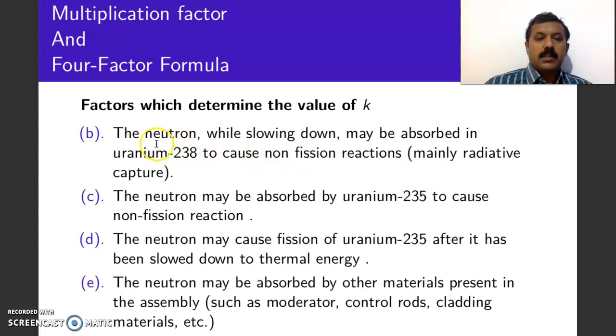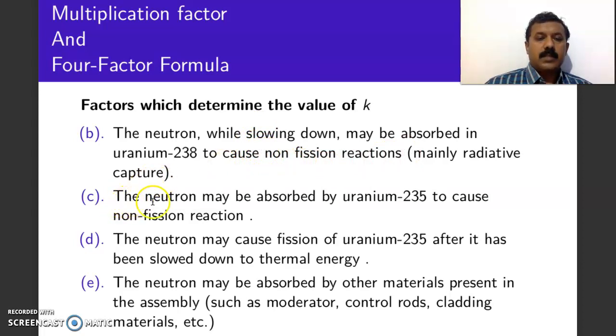That means this uranium-238 absorbs a neutron and is excited to an excited state, forming a compound nucleus, uranium-239, an isotope of uranium, and it will come down to the ground state by emitting a gamma photon. This is called radiative capture, the n-gamma process. The incident particle is a neutron and the emitted particle is a gamma photon. This is another process that we can expect.